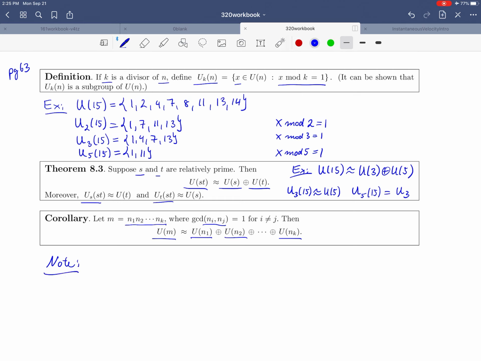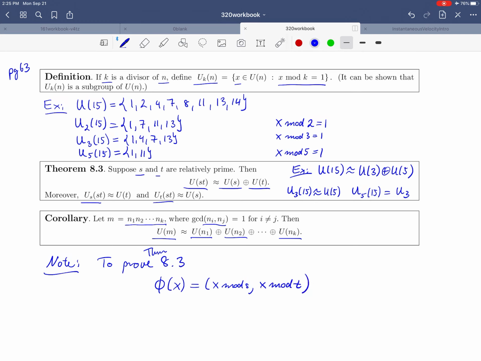If we wanted to prove Theorem 8.3, we can show that we have an isomorphism from one group to the other by taking an element x in our group U of st to the element x mod s, comma, x mod t.